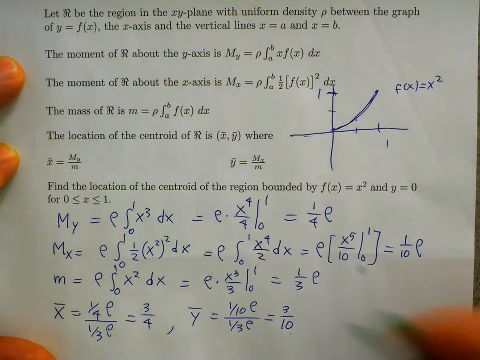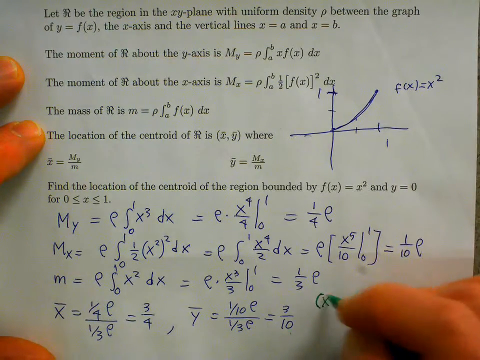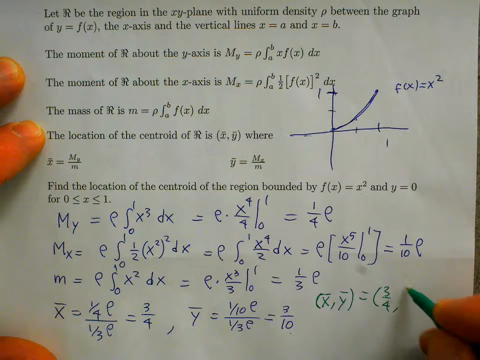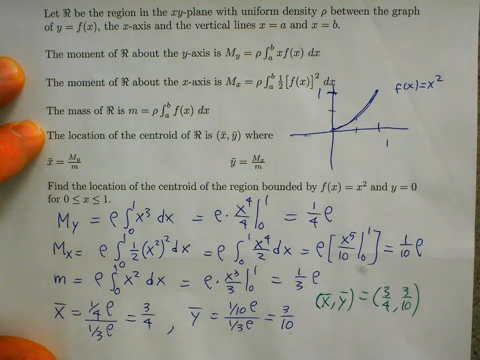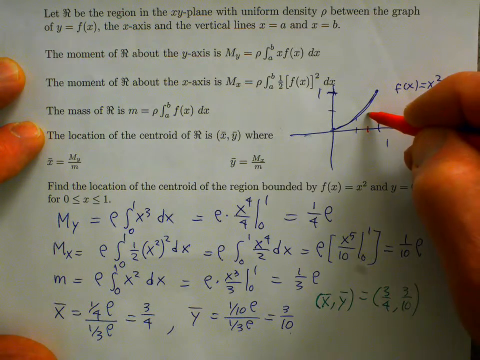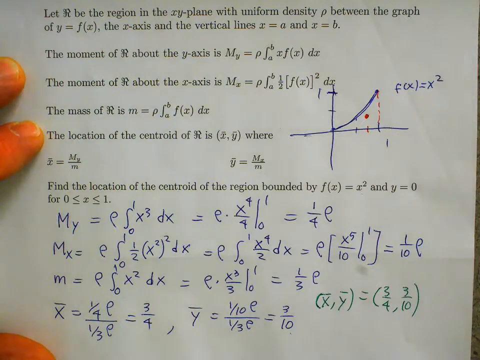Okay, so the centroid is x bar, y bar equals 3/4 for the x bar and 3/10 for the y bar. So 3/4 for x is about here, and 3/10 right in there. So it's conceivable that that's where the centroid is.